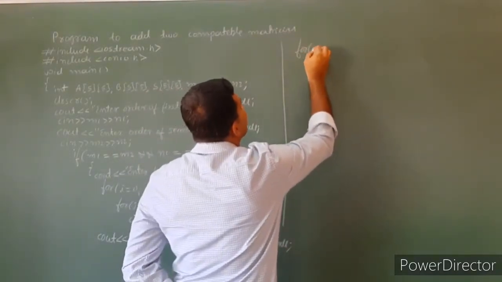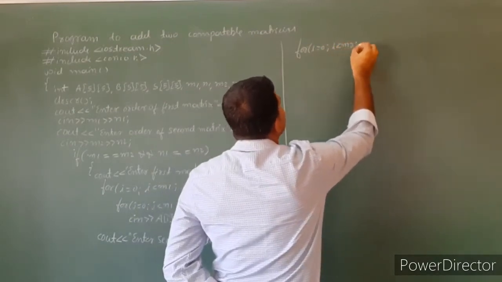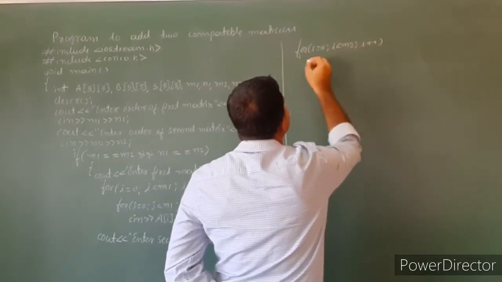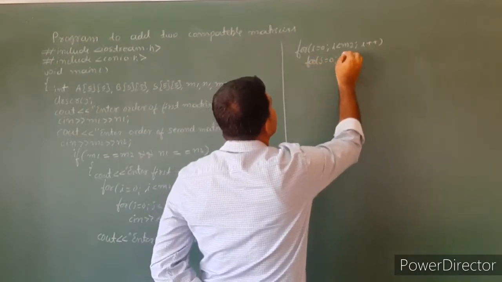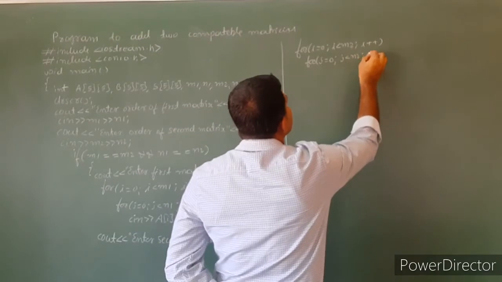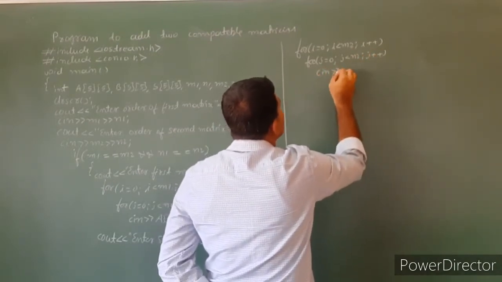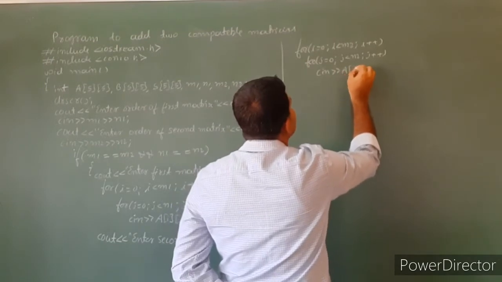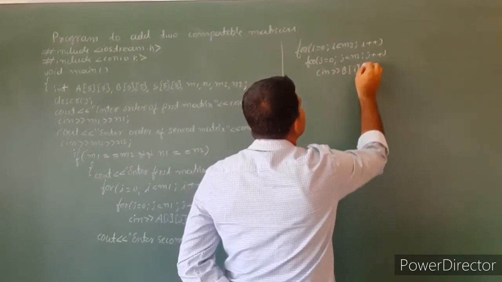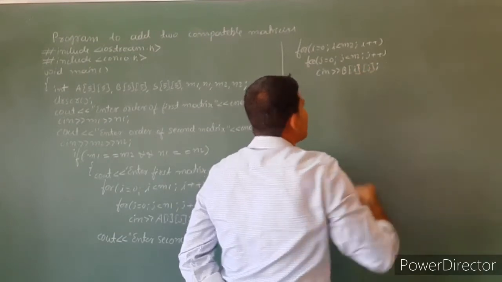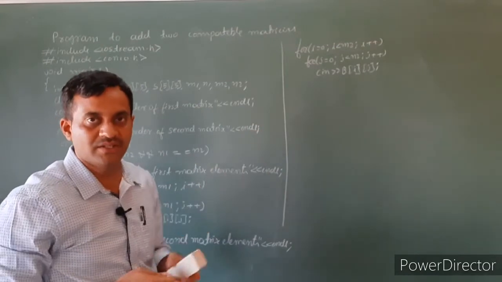Using for loop, i equals 0, i less than M2, i plus plus. For j equals 0, j less than N2, j plus plus. Then cin extraction, here the name is B of i, j, because for second matrix elements, the name of the matrix is B.